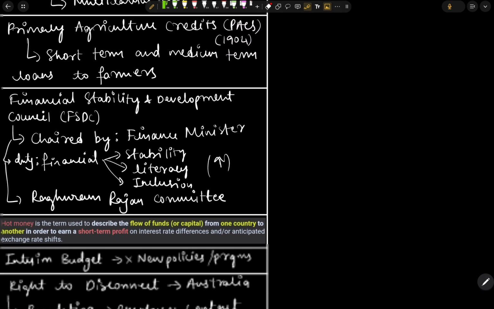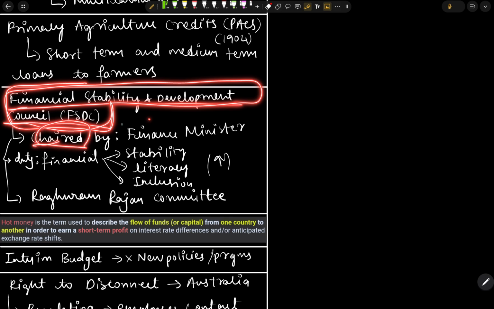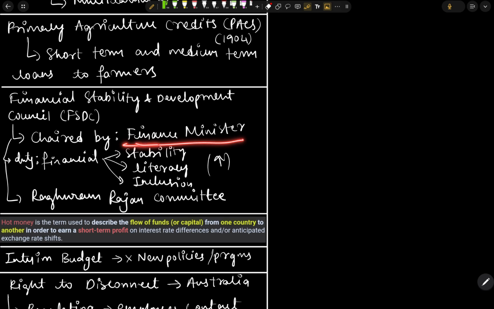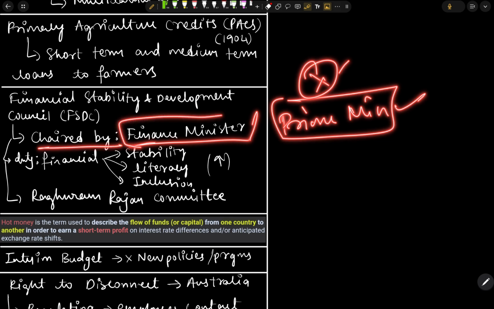Next we have the Financial Stability and Development Council. Basically in this type of question there is a high chance of asking who chairs it, because in the mock examination, they said the Prime Minister, and I marked it, but that is wrong because it is chaired by the Finance Minister.